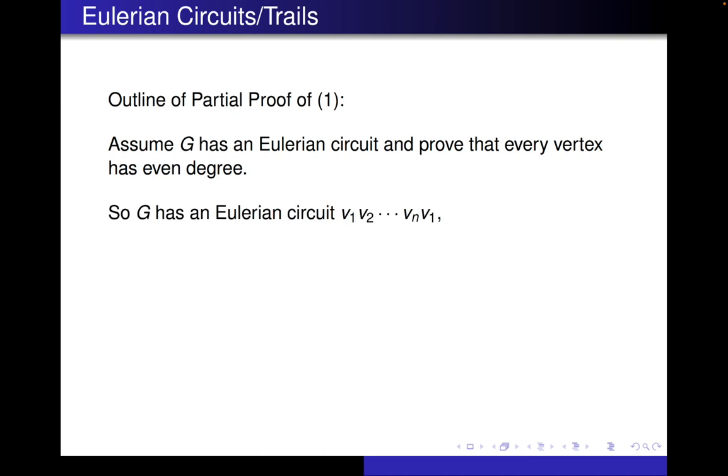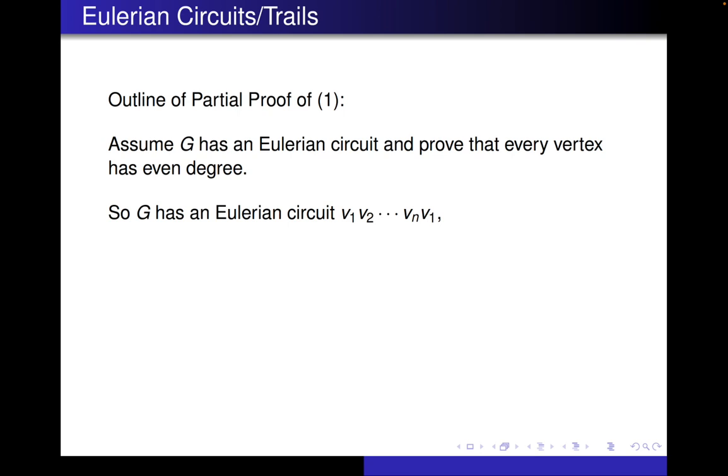All right, so we're going to do this using an algorithm for figuring out how the edges work. But we know that G has an Eulerian circuit, right? That's by assumption. And we're just going to say, let's assume that that Eulerian circuit looks like the following: V1, V2, all the way to Vn, and back to V1.